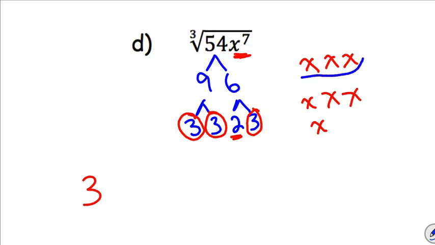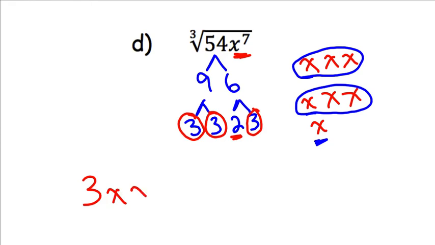So I have 1 set of 3, 1 triple, 2 sets of 3, 2 triples, and then I have 1 left over. So I have 2 x's that are coming out because there are 2 triples. So 1, 2 triples, and then 1 left underneath.